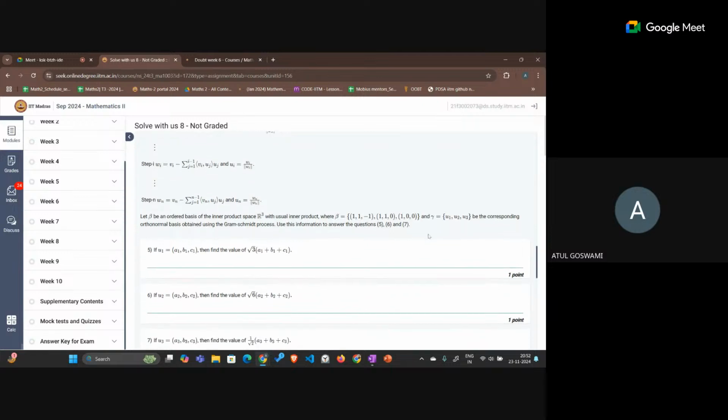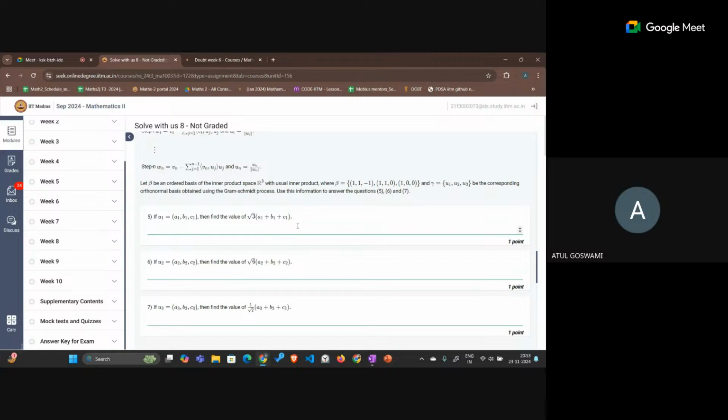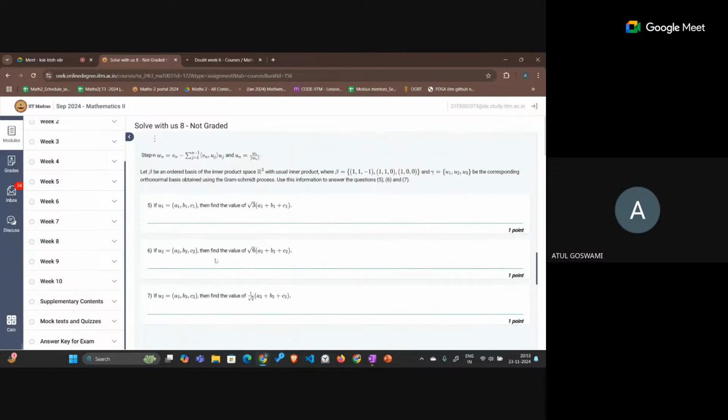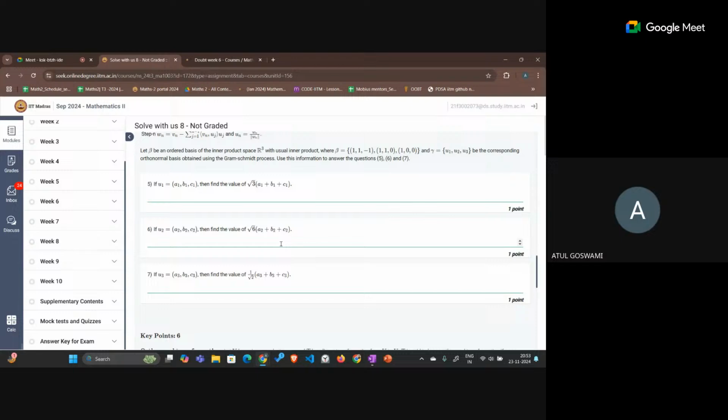What you have to do is take this beta and convert it into gamma, all the vectors in the orthonormal basis. When you get it, you will get this answer. Questions number 5, 6, 7. I'm giving you more time to solve these 5, 6 and 7.